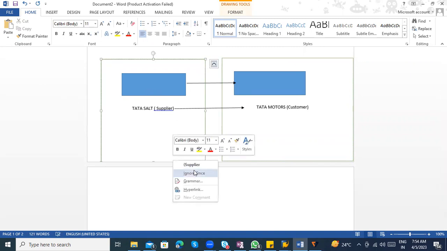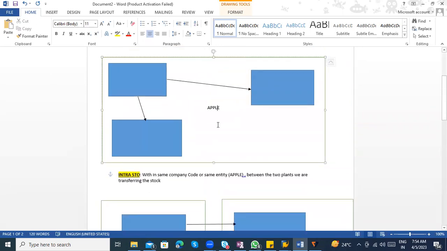But in the above case, we don't need a supplier, because it is within the same company code, from the supplying plant to the receiving plant.